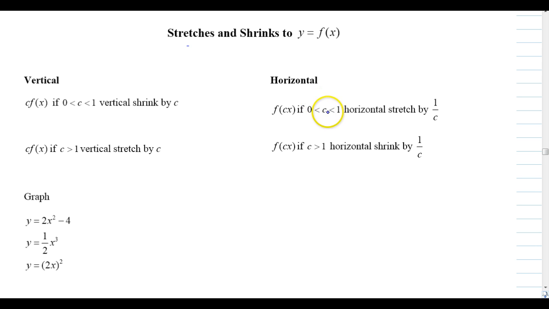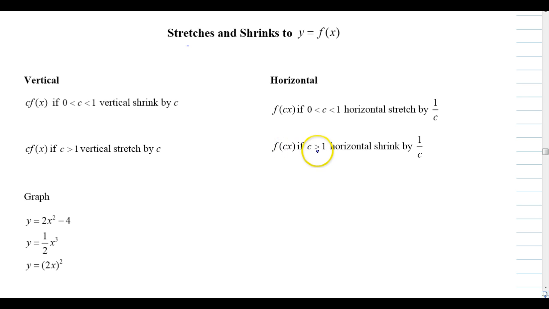The stretch or shrink part depends on the type of number that c is. If c is a number between 0 and 1, in other words, some fraction like a half or 1/4, then it's a horizontal stretch by 1 over c. Whatever that fraction is, it's going to go on the bottom here and become 1 over c.